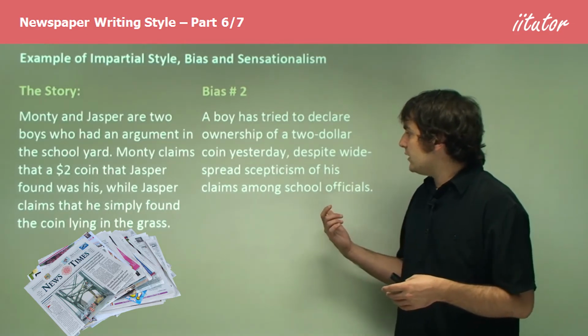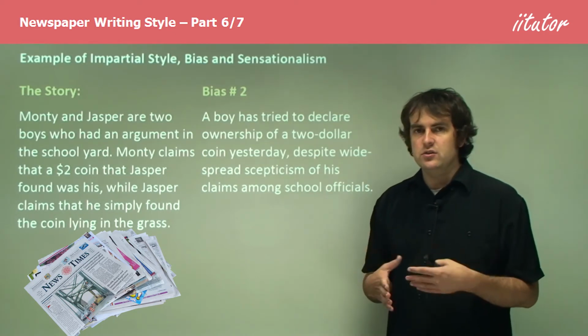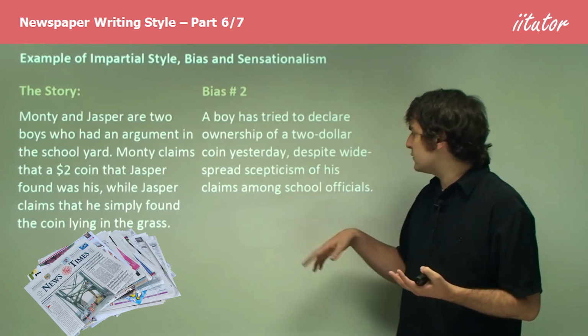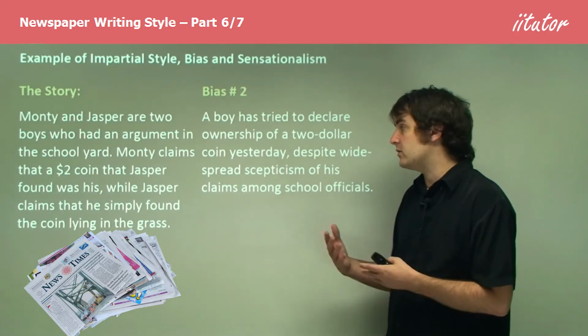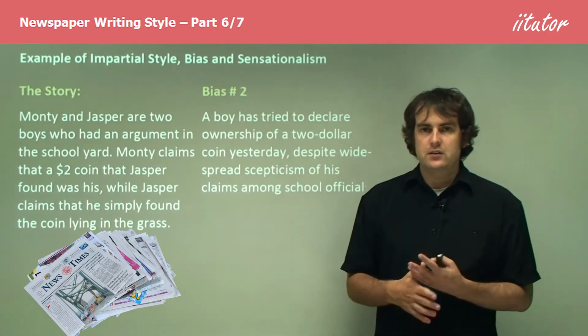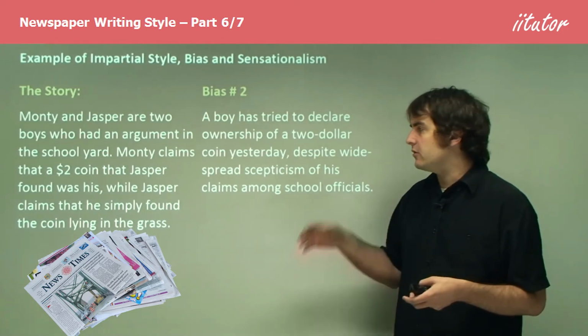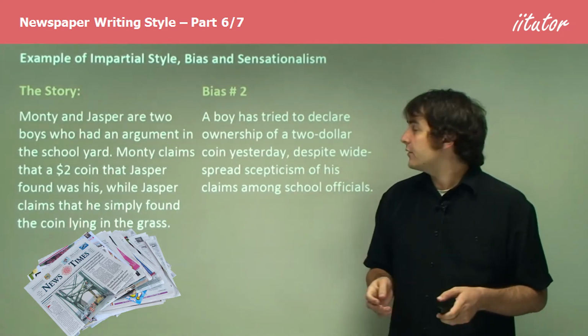It really uses emotional terms like skepticism, for instance, and the other one, victim left traumatized and distressed. Again, that reflects a personal opinion, even though it's not directly stated as such.